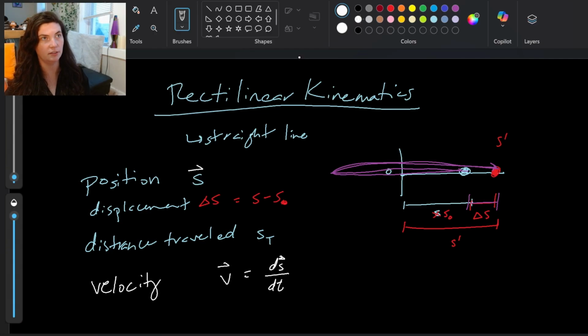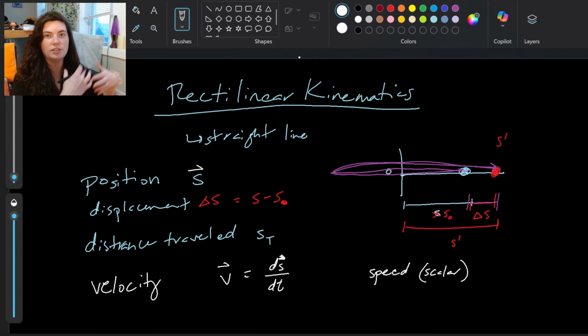Right, and again, that's our vector. Velocity is a vector. It has direction to it. It's our speed, where speed is just the scalar form of velocity. So velocity has direction, tells us a movement in position over time. So the derivative of position with respect to time gives us our velocity.